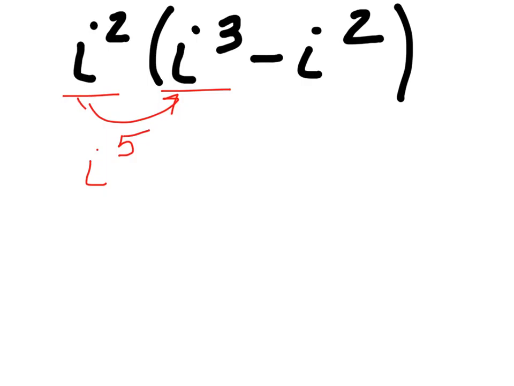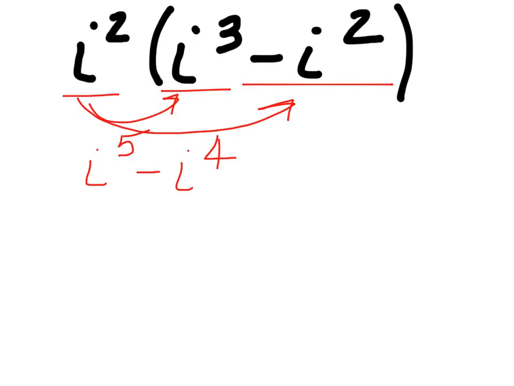Then we're going to go i squared times minus i squared. What do I get when I multiply i squared times minus i squared? They don't cancel out. When the letters are the same, you add the exponents. What should it be? He's right. Negative i to the fourth, which is just minus i to the fourth.